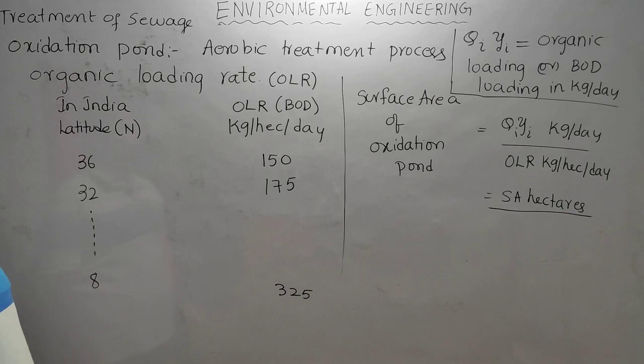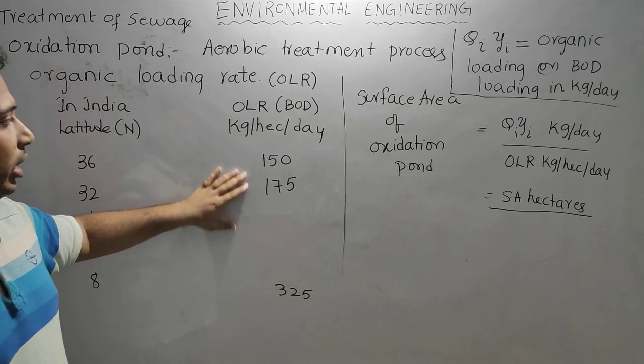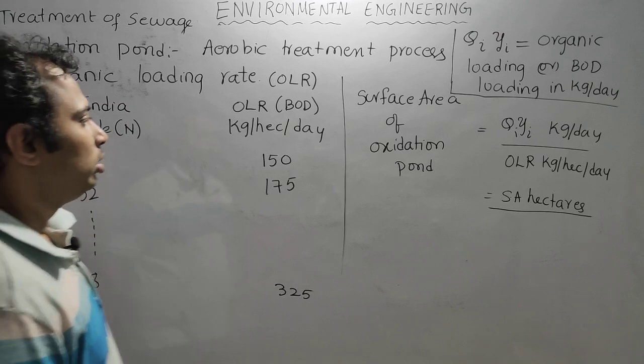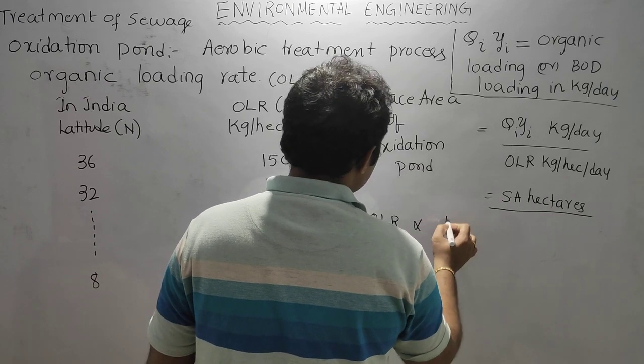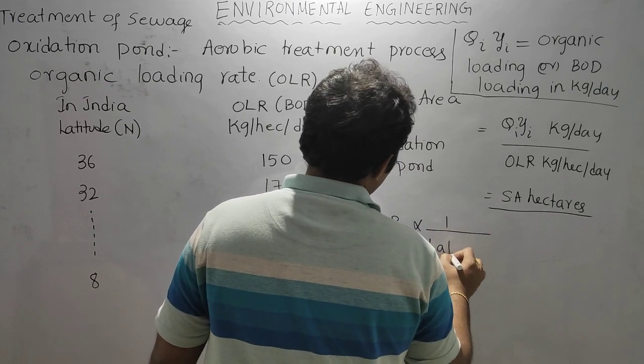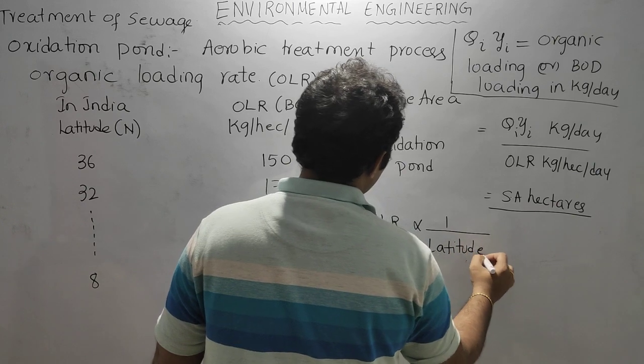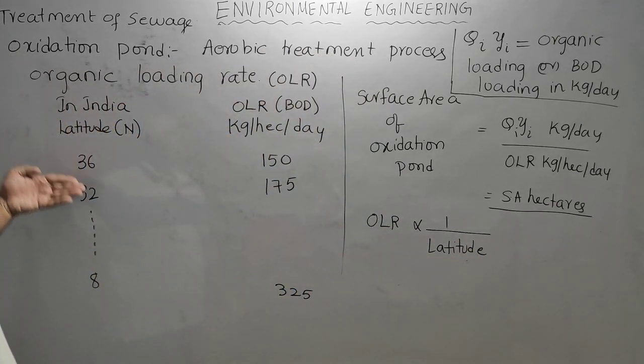So the design of an oxidation pond is nothing but fixing the surface area. And if you observe organic loading rate versus latitude, the organic loading rate is inversely proportional to the latitude. When the latitude is increasing, the organic load is decreasing.